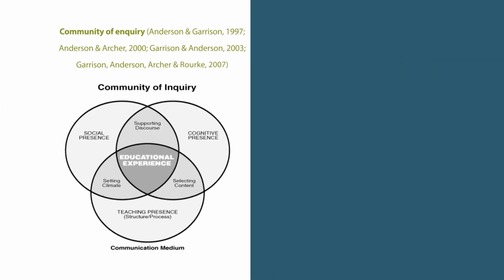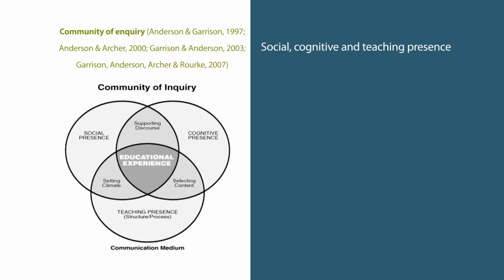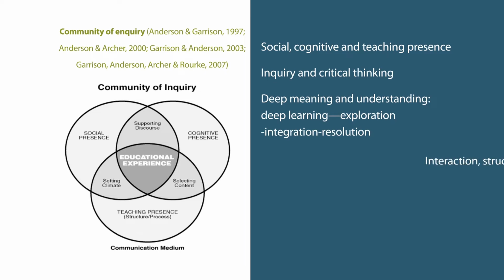This is what Professor Garrison and Professor Anderson talked about: community of inquiry in online learning. You Google them and you will find the detail. All these are available free on the net. They talked about three kinds of presence in online learning: social presence, cognitive presence, and teaching presence.